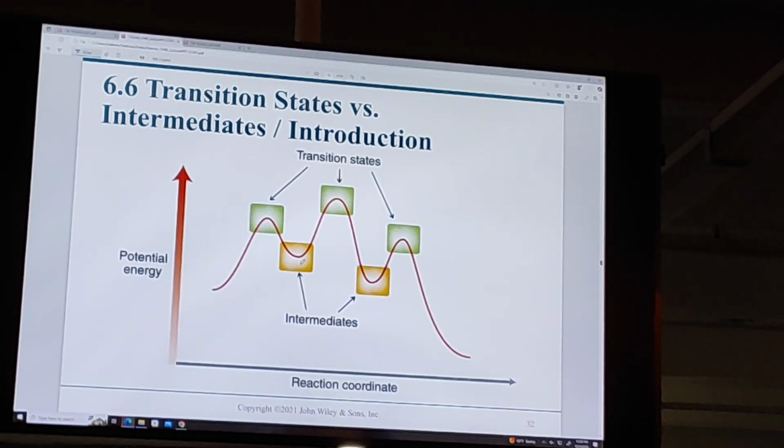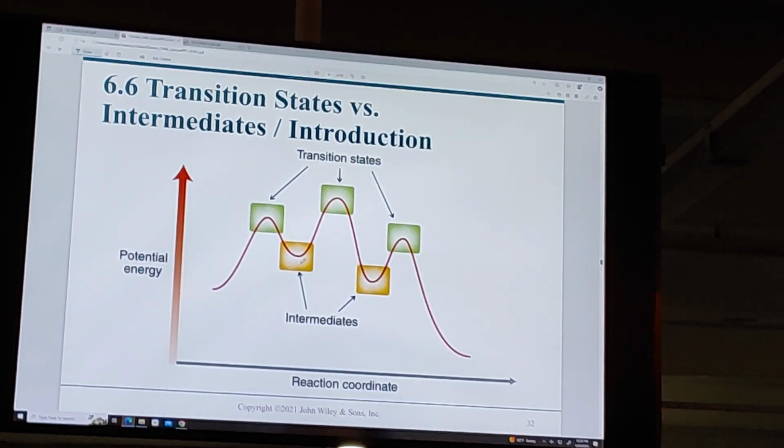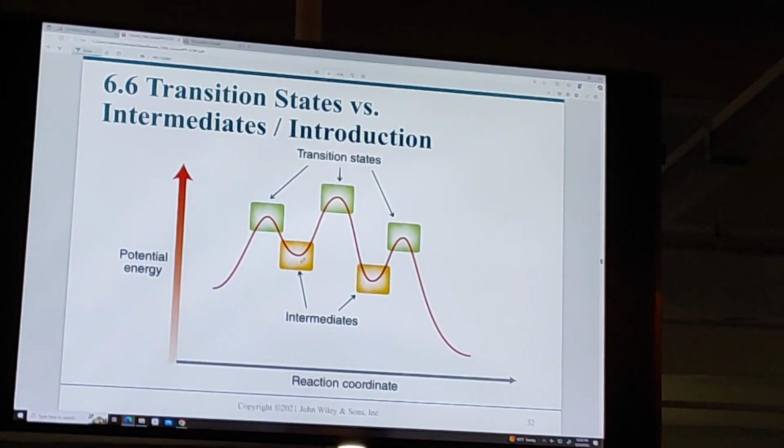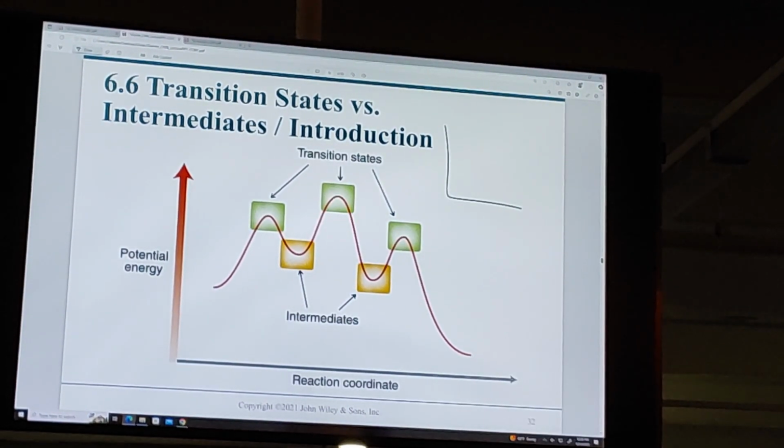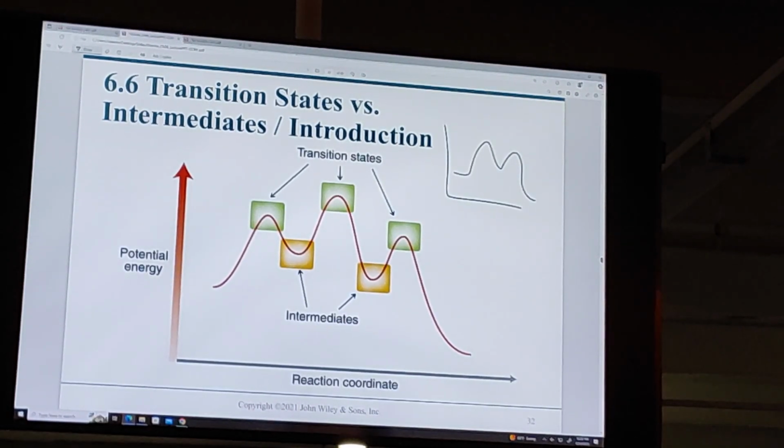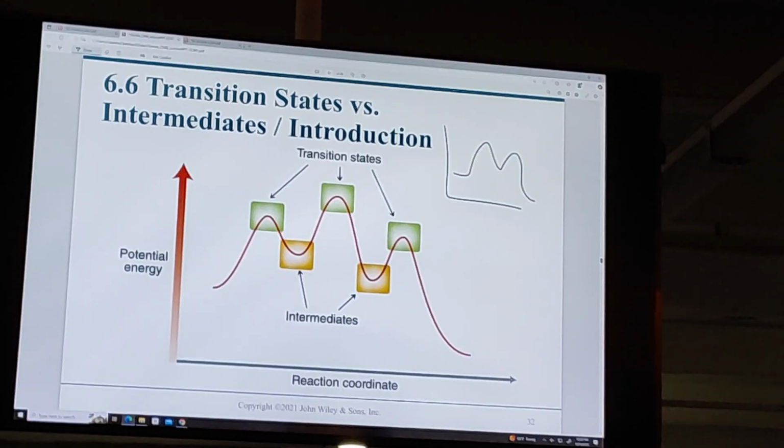Three steps. I want to tell you that you can actually look at the energy diagram. I'll come up with a couple. So if I have an energy diagram that looks like this, that tells me, and by the way, I drew that on purpose, reactants are higher energy than products, so this reaction is exothermic. Okay, great.